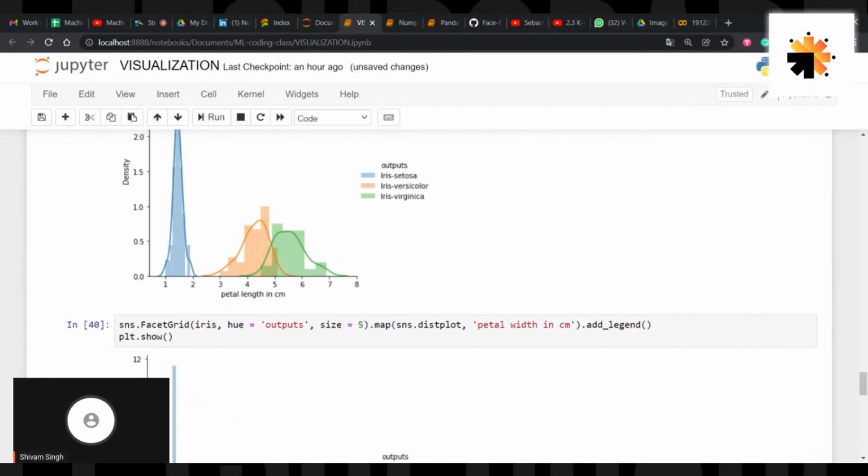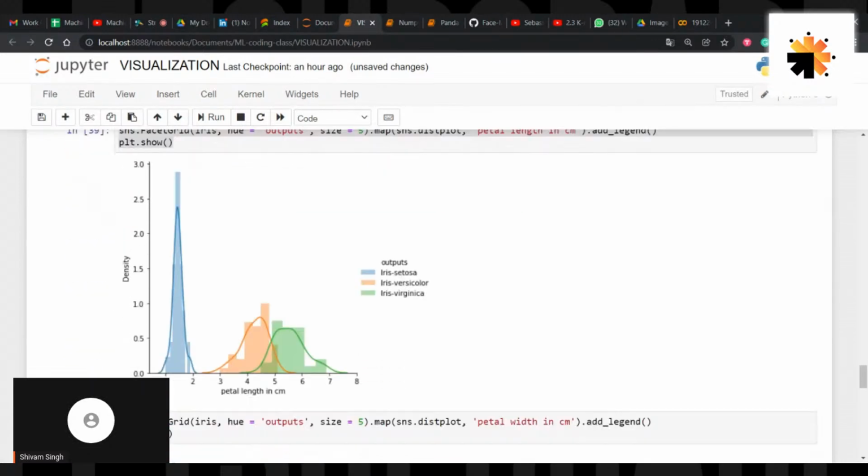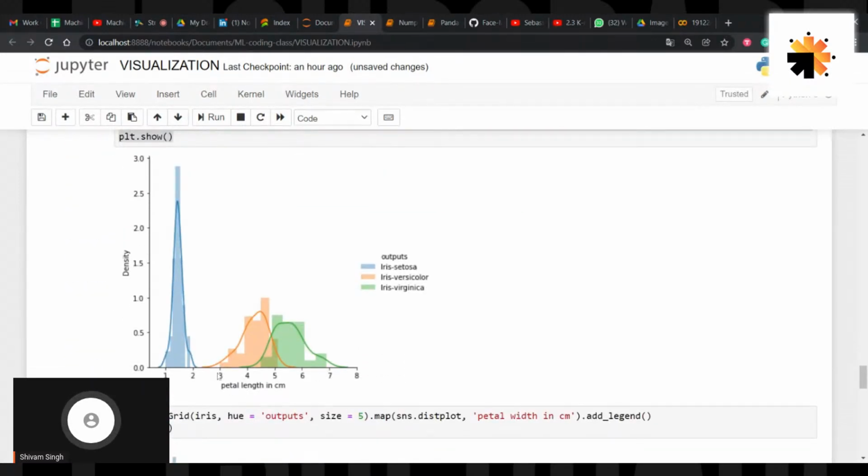I think after seeing this, you are capable enough to do the analysis by yourself. Here a clear boundary is possible between Setosa, Versicolor and Virginica. You can even make a boundary between Versicolor and Virginica with a very minimum error percentage.